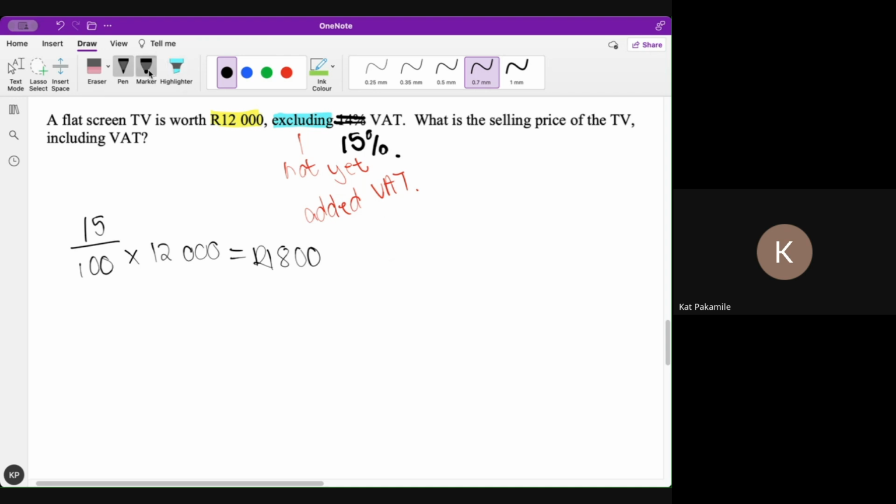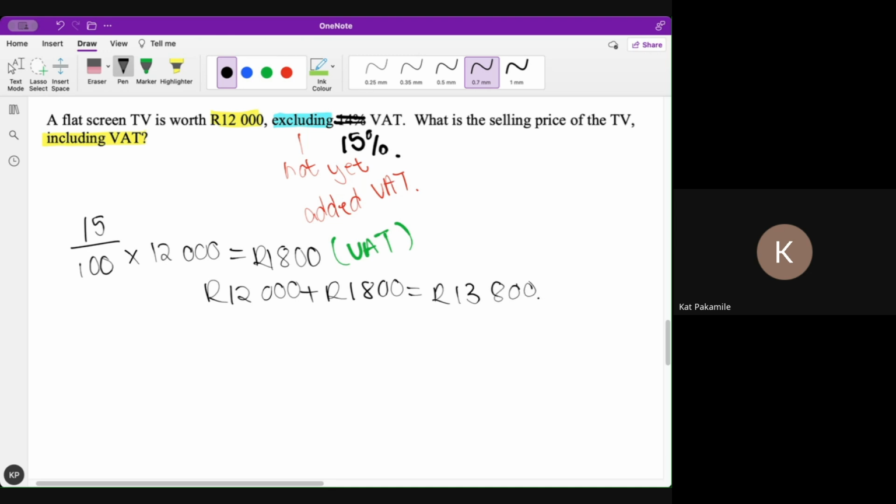So this is your, I'm going to write it in brackets, your VAT amount. And I want to know my price including VAT, as my question says. That means that's going to be my price, which was 12,000, plus my VAT, which is 1,800, and that's going to give me 13,800.